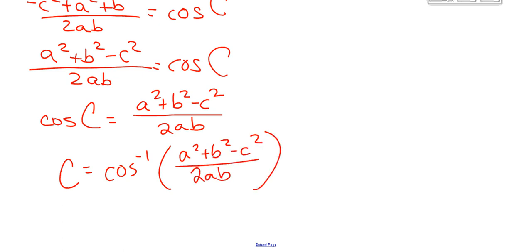These versions are the hardest to type in, but this is a good version to use when you know all three little sides and you have to find the angles, because that's all that you need to know. Just make sure you know which angle you're finding, and it's the one opposite that c squared in the formula you're using.